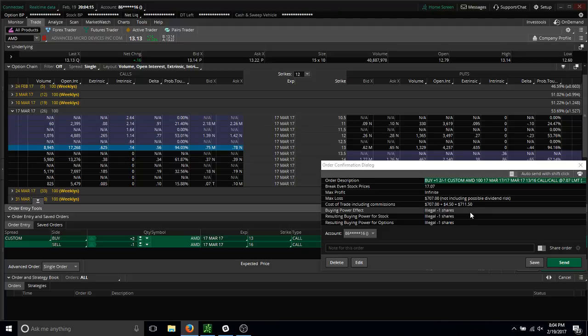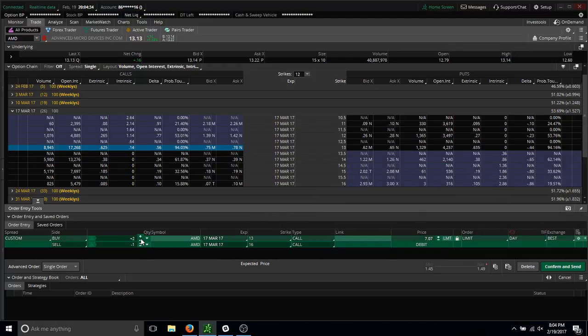There we go. So that's something else you guys can play around with. But I think for now, this is a little bit riskier for me because I don't want to risk this amount on the trade. So I'll be sticking to more this with a farther spread.